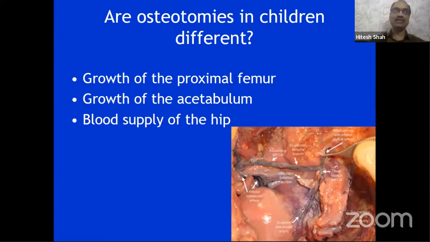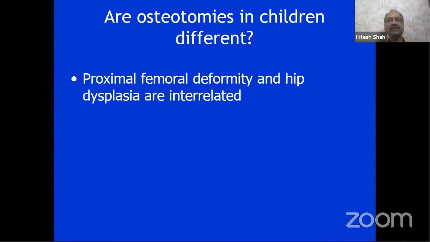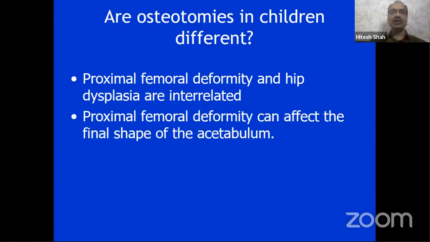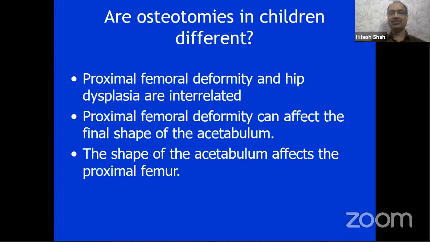So we need to take precautions. Another aspect: proximal femoral deformity and hip dysplasia would be interrelated. How? If there is a proximal femoral deformity, it will affect the final shape of the acetabulum, and vice versa is also true. The shape of the acetabulum can affect the shape of the proximal femur.